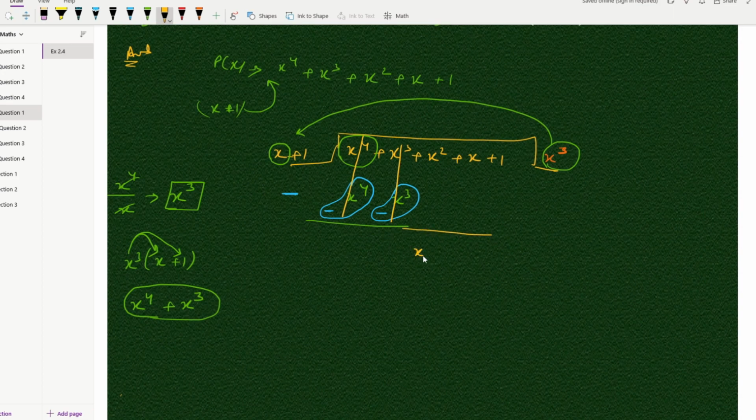That is x square plus x plus 1. So now we have got x square plus x plus 1, which is the new remainder, right? Or remainder number 1, I can say.